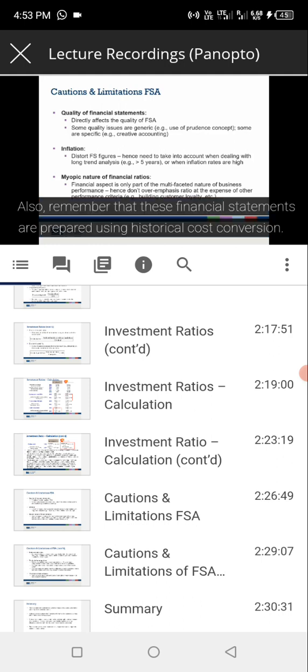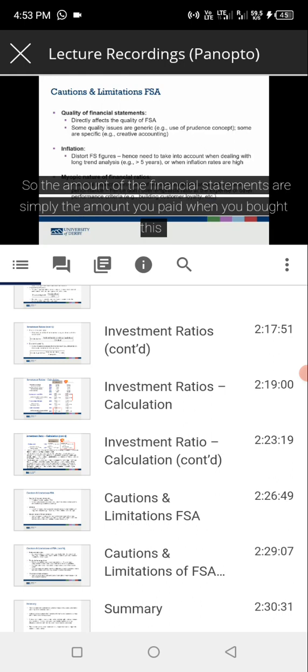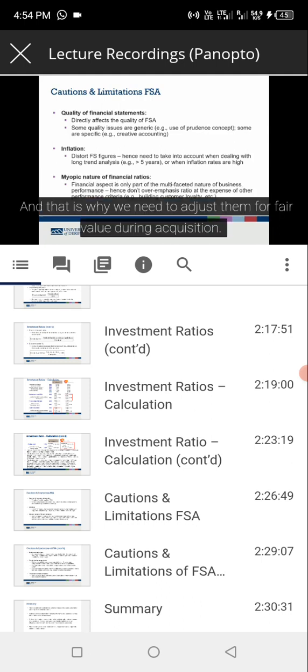And also remember that these financial statements are prepared using the historical cost convention. So the amounts on the financial statement are simply the amounts you paid when you bought these assets and may not necessarily represent the true market value of the company. That is why we need to adjust them for fair value during acquisition and so on.